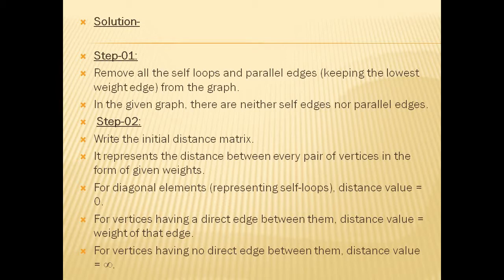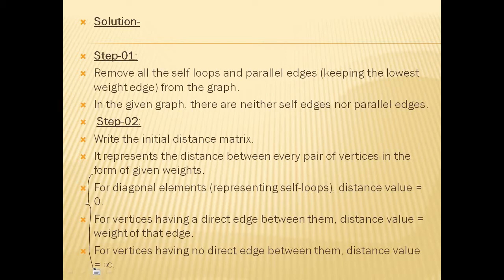So first we need to remove any loops and parallel edges if there are any. Then after that we need to write the initial distance matrix, and we call it D naught. The distance matrix gives the distances from one vertex to another vertex. But at the time of filling the distance matrix, you should keep these things in mind.